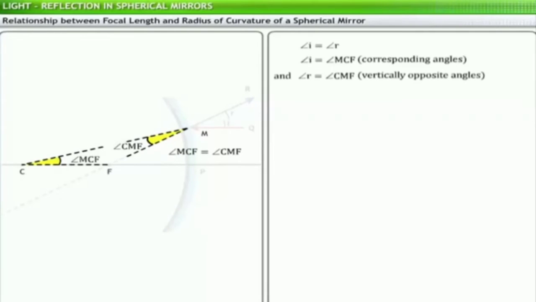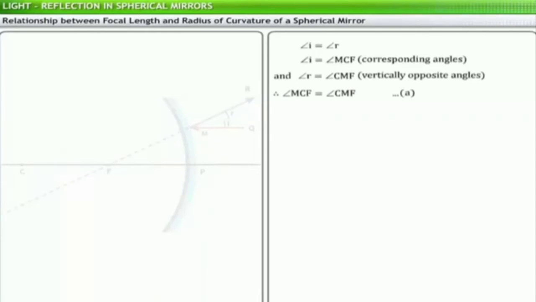Therefore, angle MCF is equal to angle CMF. Therefore, CF is equal to MF. If point M is very close to point P, that is, the linear aperture of the mirrors is very small, then MF is equal to PF.